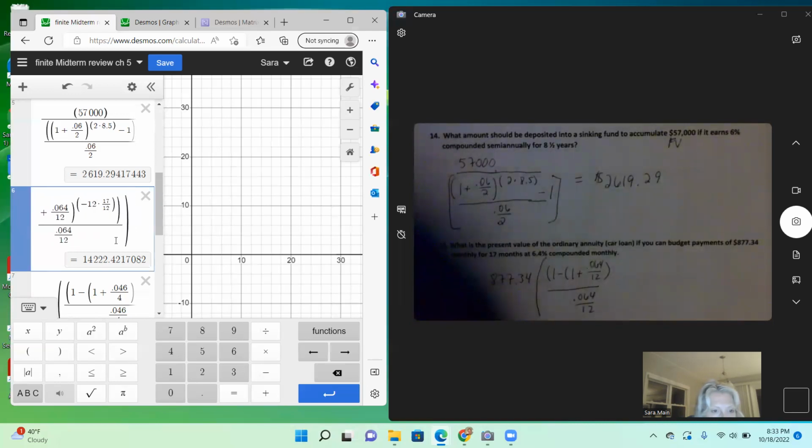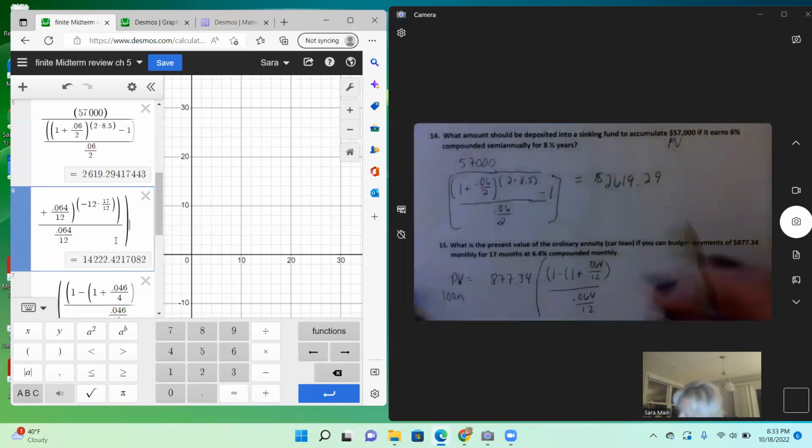And here it is. And then our exponent is to the negative 12 because it's monthly payments. Then we have to remember that it's 17 divided by 12 years.